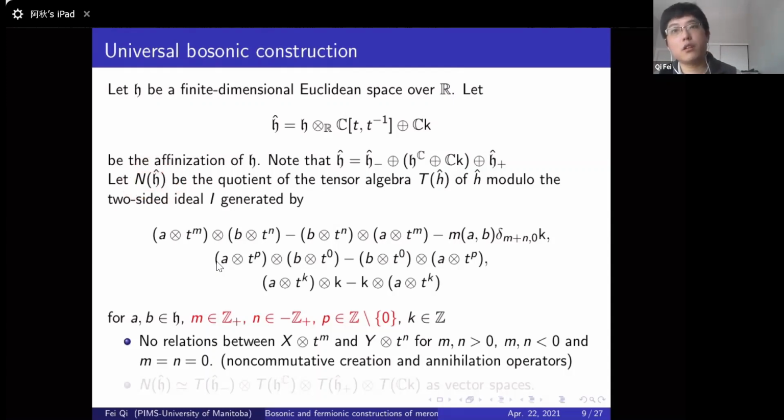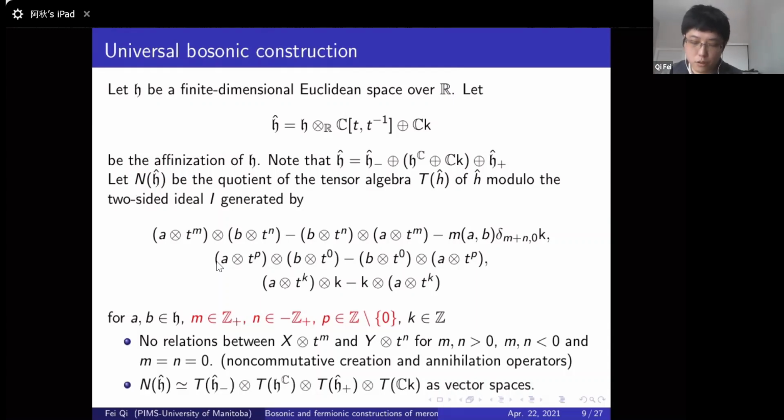Nevertheless, we still have a PBW type theorem: N of H hat is isomorphic to T of H hat minus tensor T of H_C, tensor T of H hat plus tensor T C K. This isomorphism is as vector spaces, so it's a linear isomorphism.